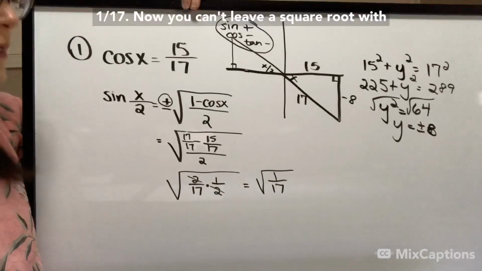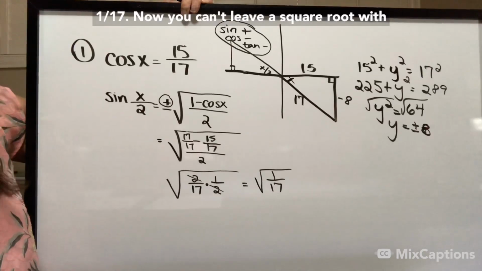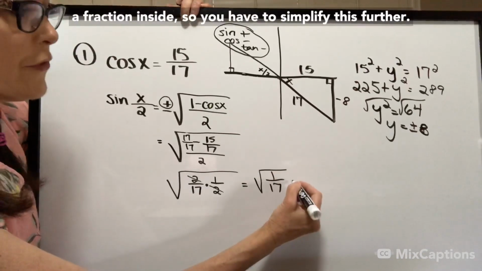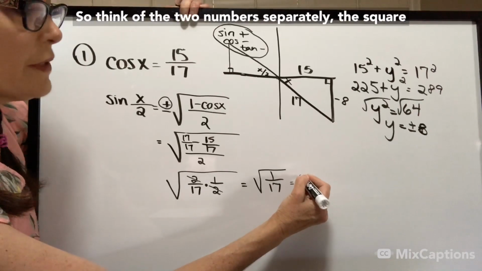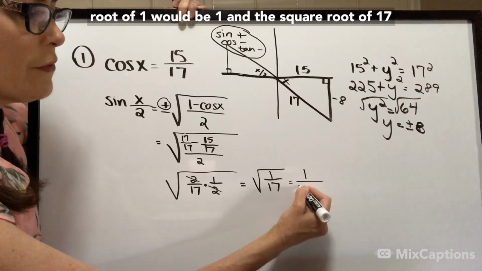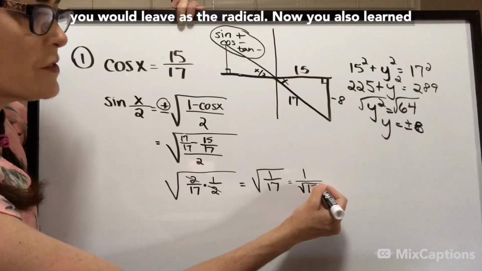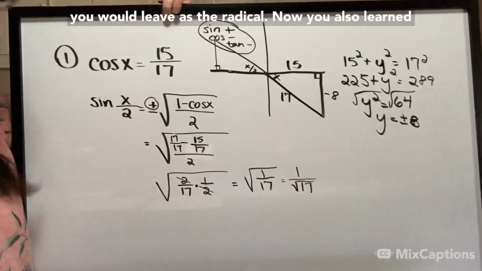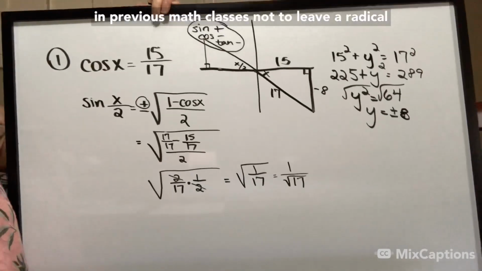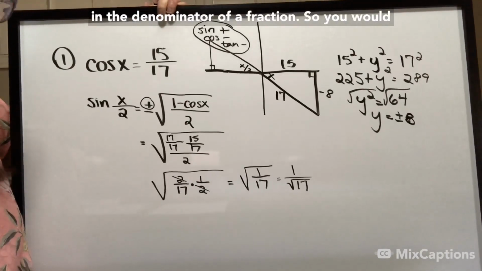Now you can't leave a square root with a fraction inside, so you have to simplify this further. So think of the two numbers separately. The square root of 1 would be 1, and the square root of 17 you would leave as the radical. Now you also learned, as in previous math classes, not to leave a radical in the denominator of a fraction.